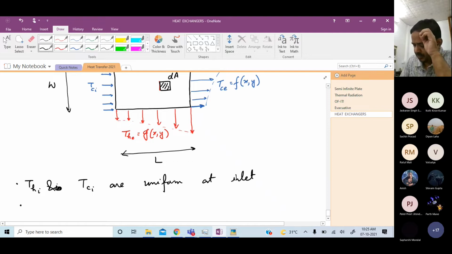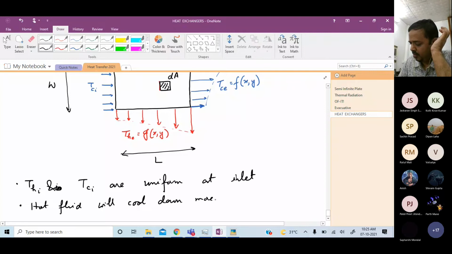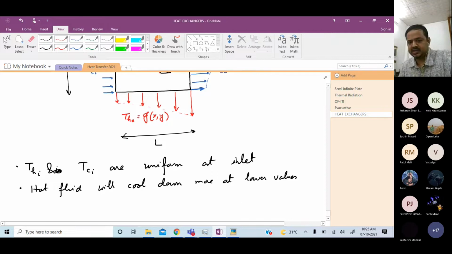After that, the hot fluid will cool down more at lower values of x.